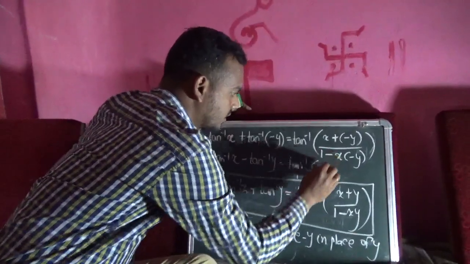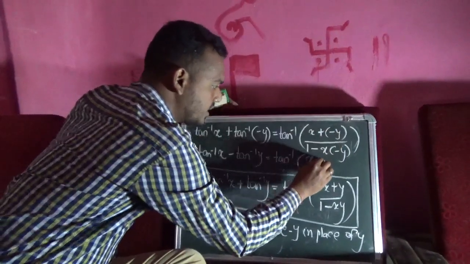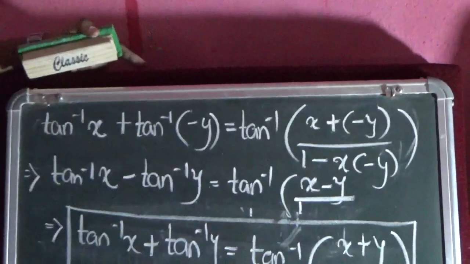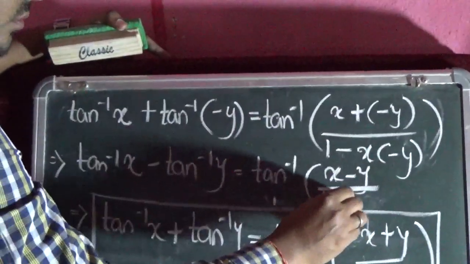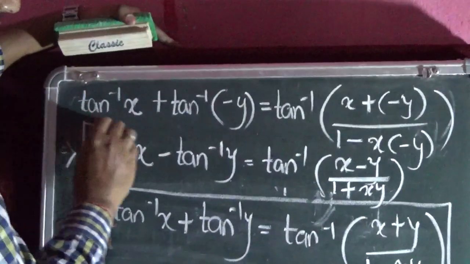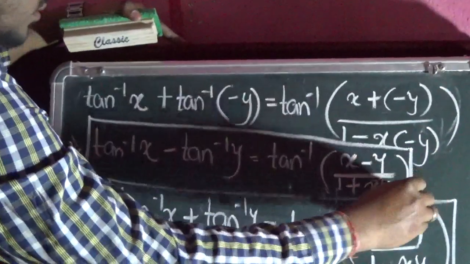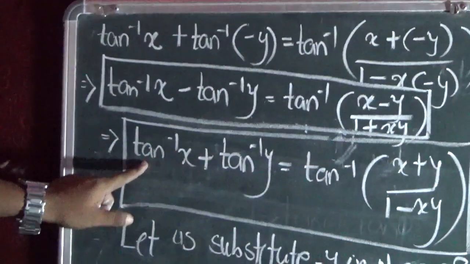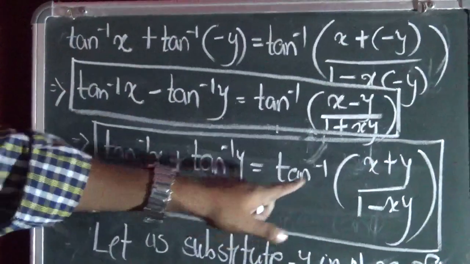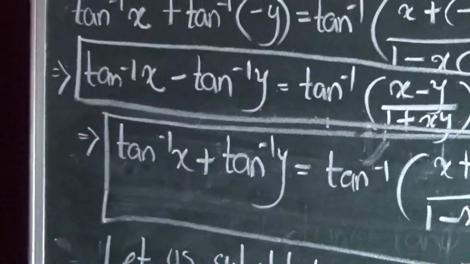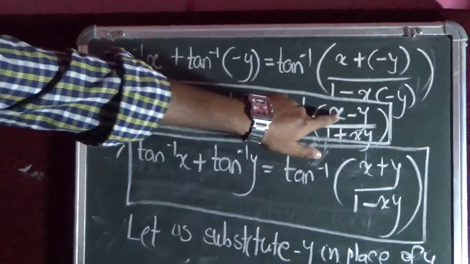And this becomes tan inverse of (x minus y) by (1 plus xy), and this is our next property. That is, tan inverse x plus tan inverse y equals tan inverse of (x plus y) by (1 minus xy), and tan inverse x minus tan inverse y equals tan inverse of (x minus y) by (1 plus xy).